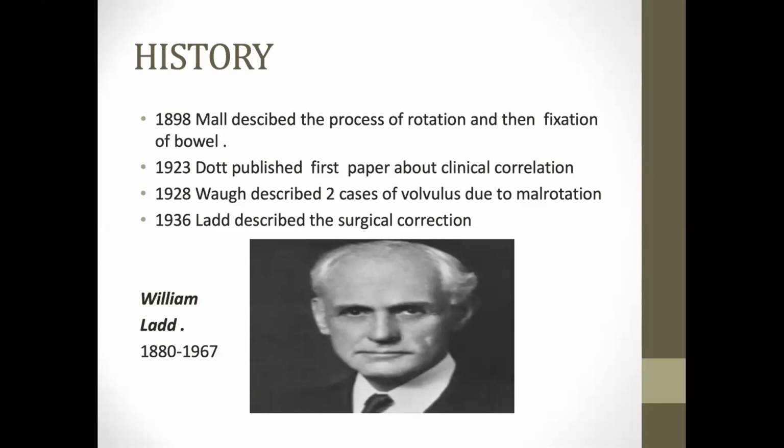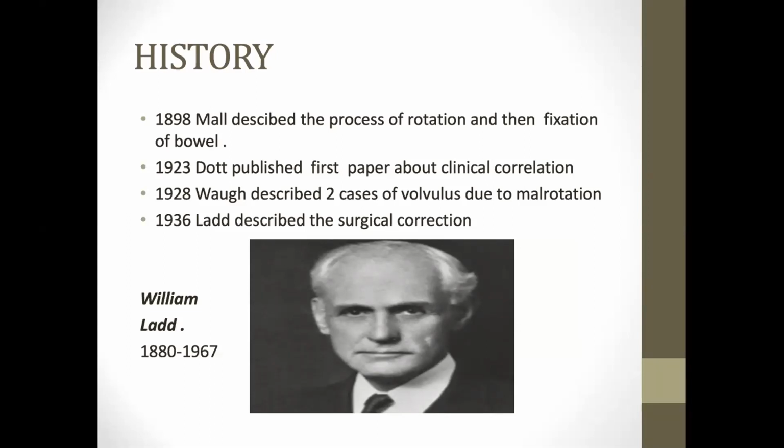Before the 18th century, there were multiple descriptions of bowel necrosis after autopsy or during surgery, but the true mechanism and pathophysiology of this disease were not understood. In 1898, Mall described the process of rotation and fixation in the human embryo.